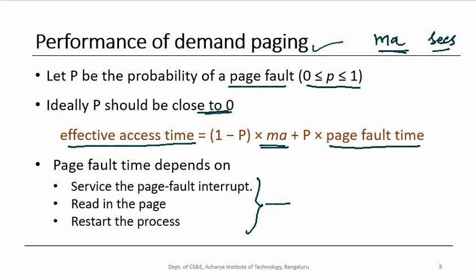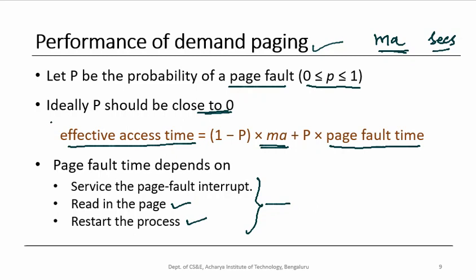That is, you will have to bring the interrupt service routine into the main memory if it is not there, and if it is there in the main memory, then the CPU should start executing it, locate the page, then read the page into the main memory and then restart the process. These activities could be divided into sub activities that I have not shown here. So the page fault time depends on all these activities.